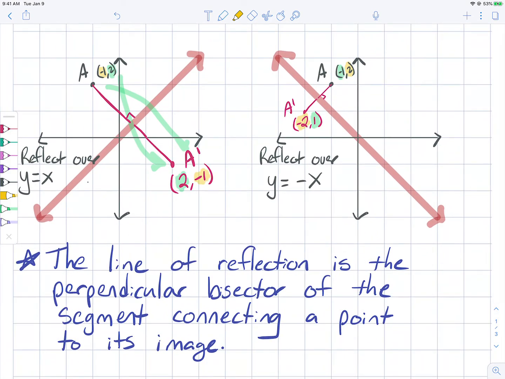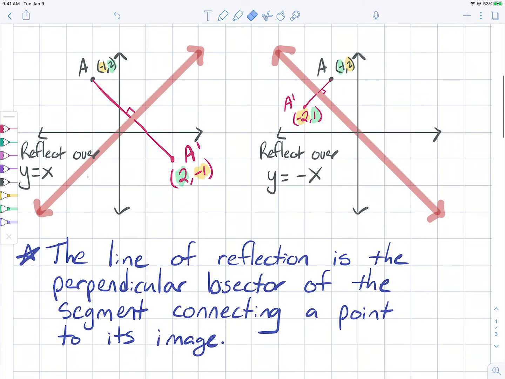Now, one thing it is important to notice, and there's this comment right here: the line of reflection is the perpendicular bisector of the segment connecting a point to its image. So let's break this apart. First of all, a perpendicular bisector. That means it's got to cross at a 90-degree angle and it cuts it in half. It's a bisector. And it's a perpendicular bisector of the segment connecting a point to its image.